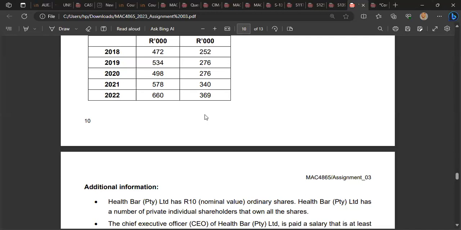So in these circumstances, I would advise that you look at the average growth rate, and then I'm going to show you how you can get that. We've seen such questions, particularly on MAC 3702, where you need to find the average growth rate, because we are not specifically told which one we should go for.